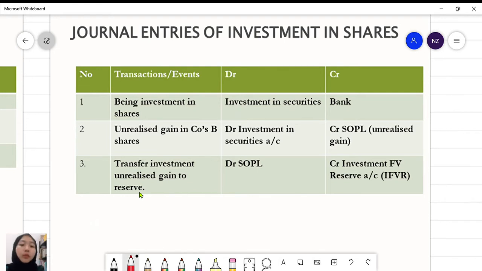When we want to recognize this unrealized gain as reserve, we debit SOCI, meaning we take our unrealized gain out of SOCI. Because earlier we put the gain in SOCI on the credit side. But now we want to transfer to reserve, we debit it, and we credit investment fair value reserve.